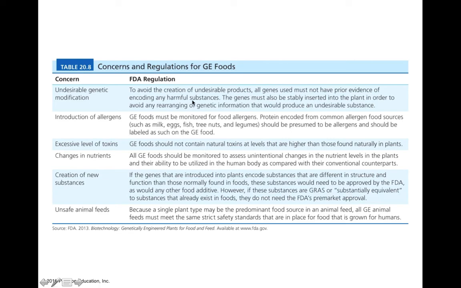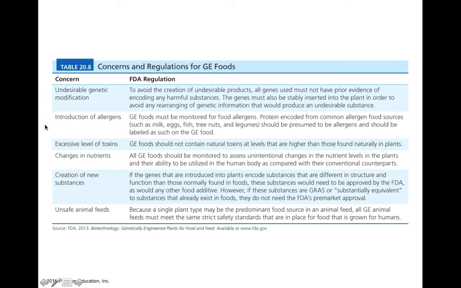And that means that we have to have a close look at any genes that are used in genetically engineered food prior to using them. So all genes must not have prior evidence of encoding any harmful substance. It also must be stably inserted into the plant, meaning that it's not going to bounce around or cause any rearranging of genetic information that could cause any sort of combination creating an undesirable substance.